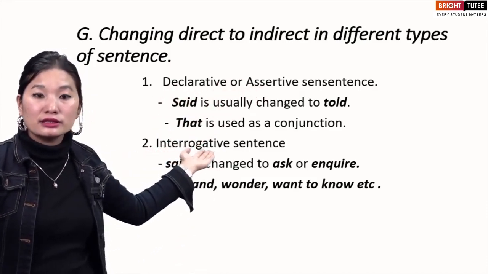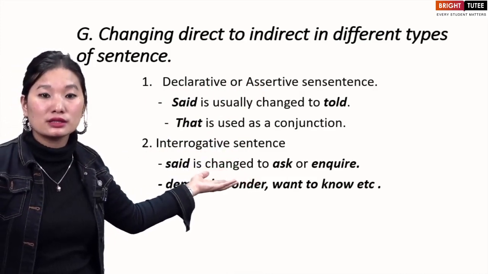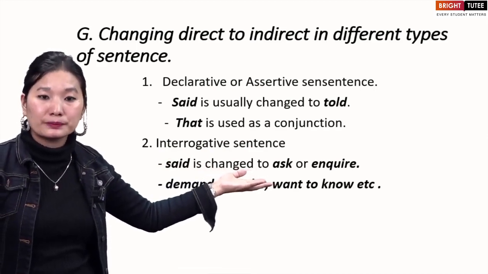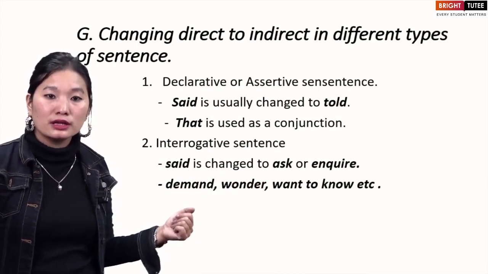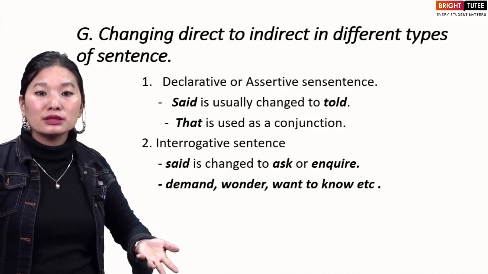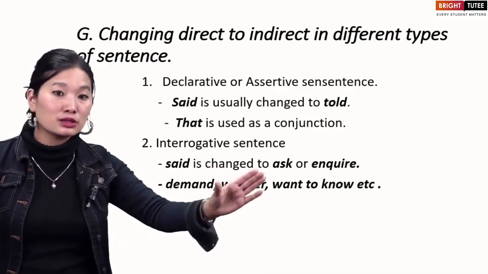And in the interrogative sentence, that means the words or the sentences that ask question, said is changed to ask or inquire. Demand, wonder, want to know, etc. can also be used. The teacher asked me, or the shopkeeper asked me, the shopkeeper inquired of me if I want to take that particular object.